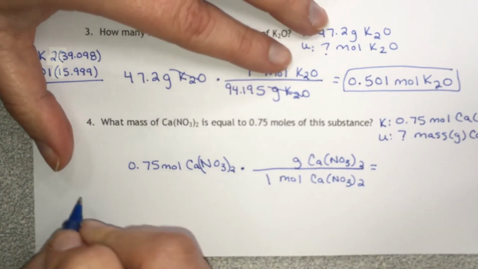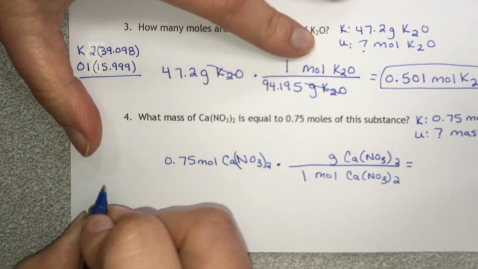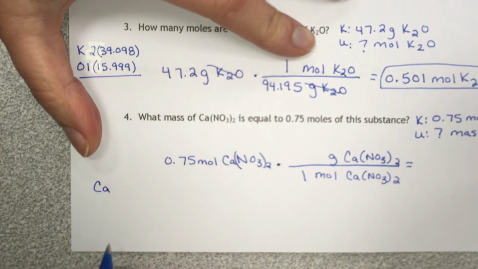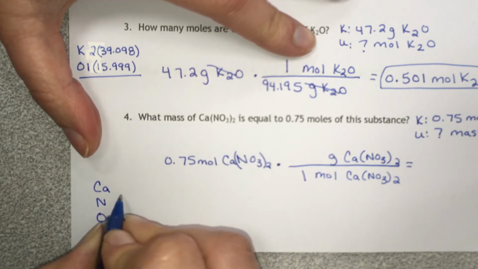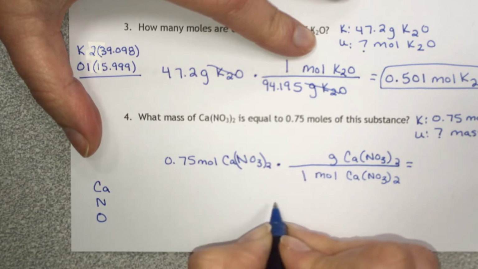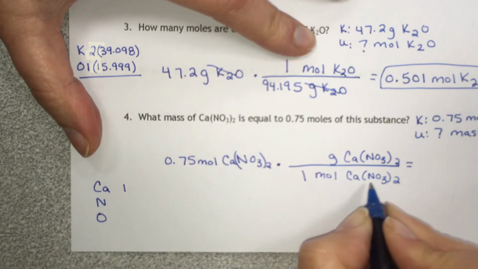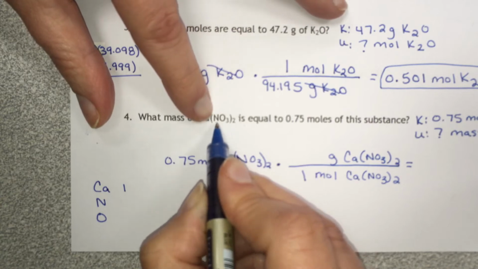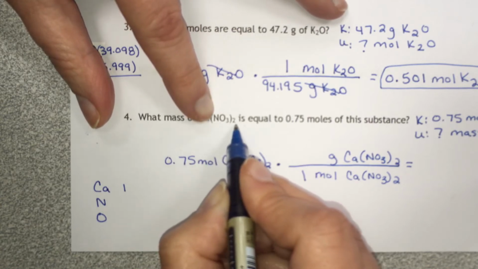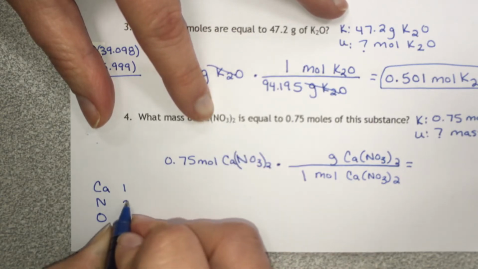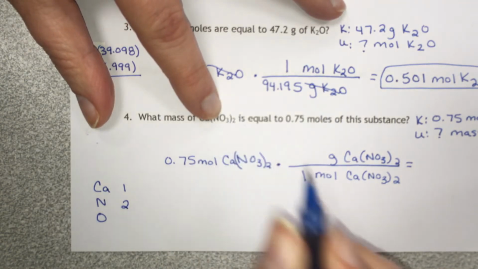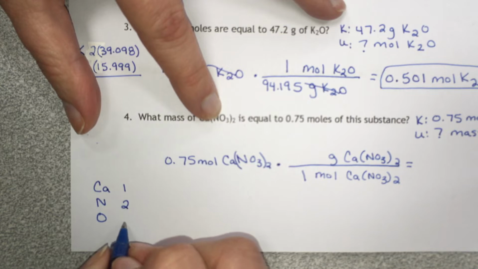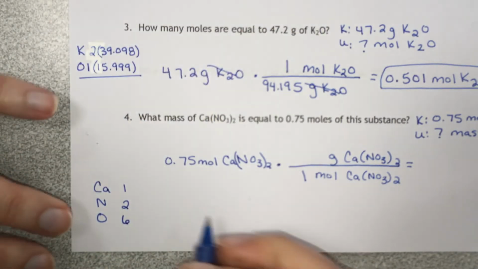How we do that, we go to the side and we have calcium, we have nitrogen, and we have oxygen. We have only 1 calcium, we have 1 nitrogen, but times 2 because of the parentheses, so we have 2 nitrogens. Oxygen, we have 3 of them, but there's 2 of those 3, so there's actually 6 oxygens.